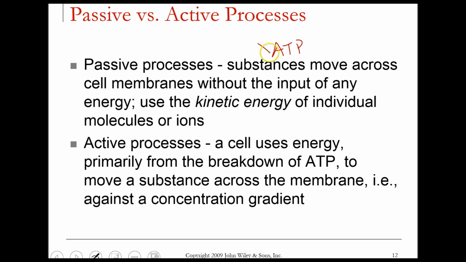So you do not need ATP to power these passive processes. They're simply using concentration gradients. So in a passive process, material is going to move down a concentration gradient.